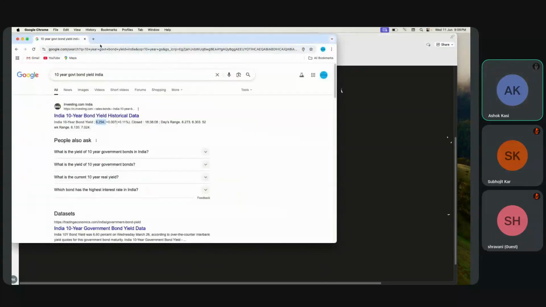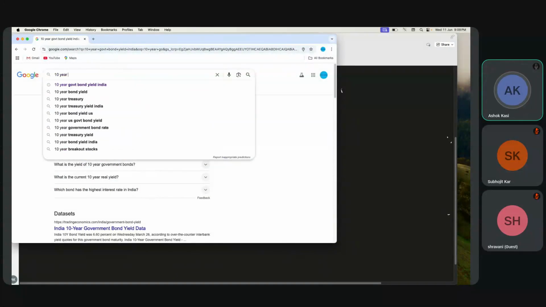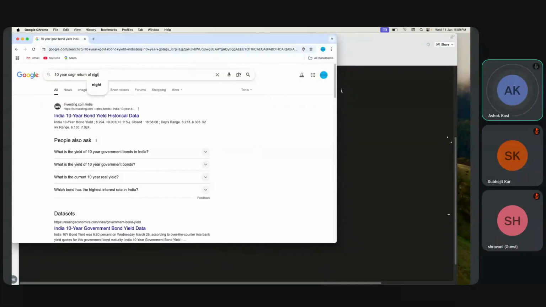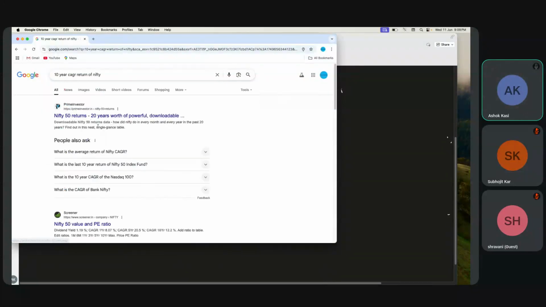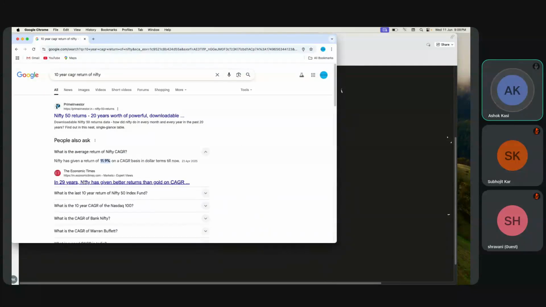So now I will check the 10-year CAGR return of Nifty. Here it is 11.9 percentage.